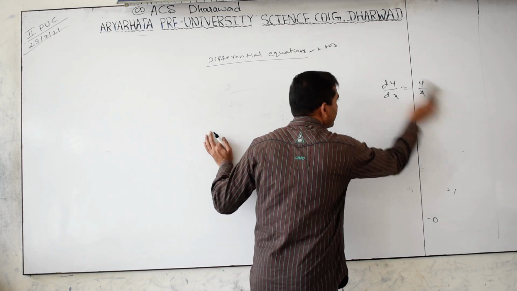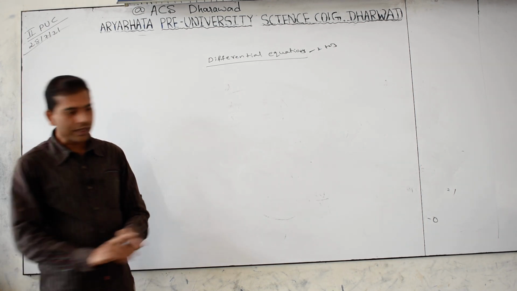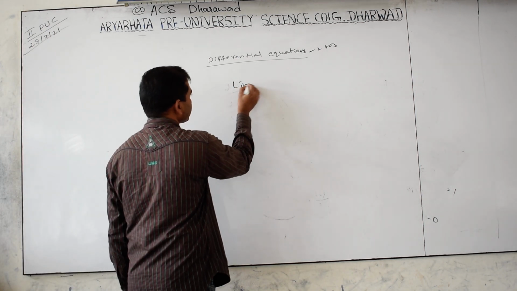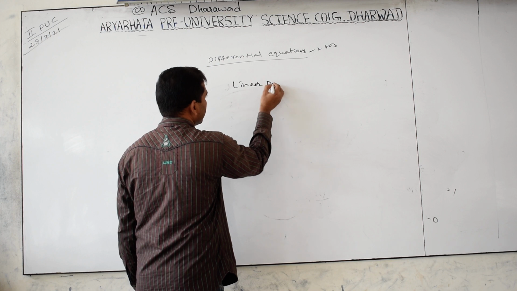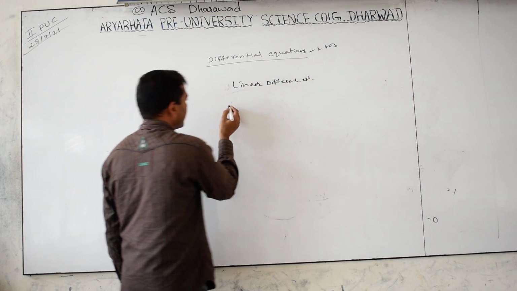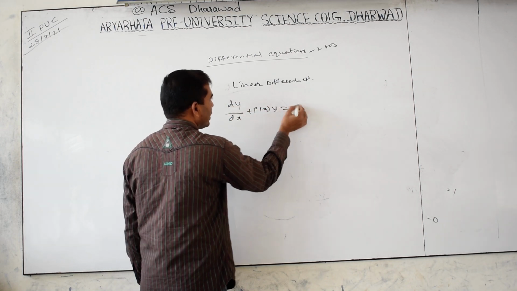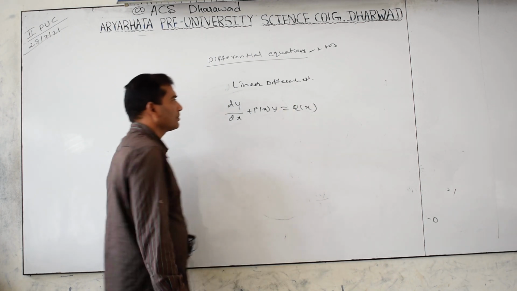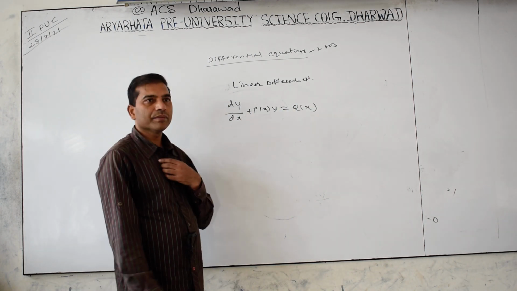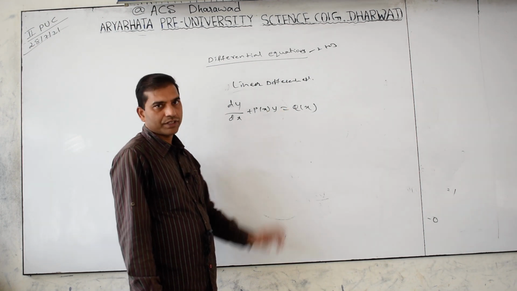And one more is the linear differential equation, which is most important. Linear differential equation: dy by dx plus p of x into y equals q of x, where p and q are in terms of x or constants.